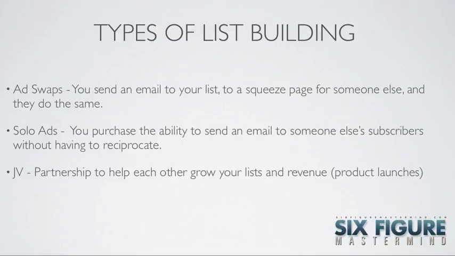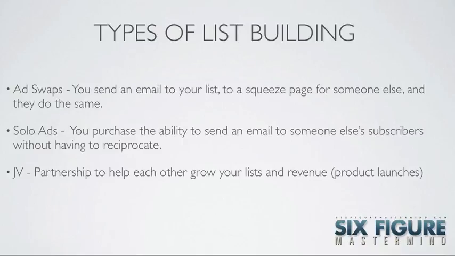So the different types of list building, there's lots of different types. The first one, and you may have heard these terms before but never really understood what they mean, so let me just define them. The first one is an ad swap. Very simple. This is basically when you send an email to your list, to a squeeze page for someone else, and they do the same for you.